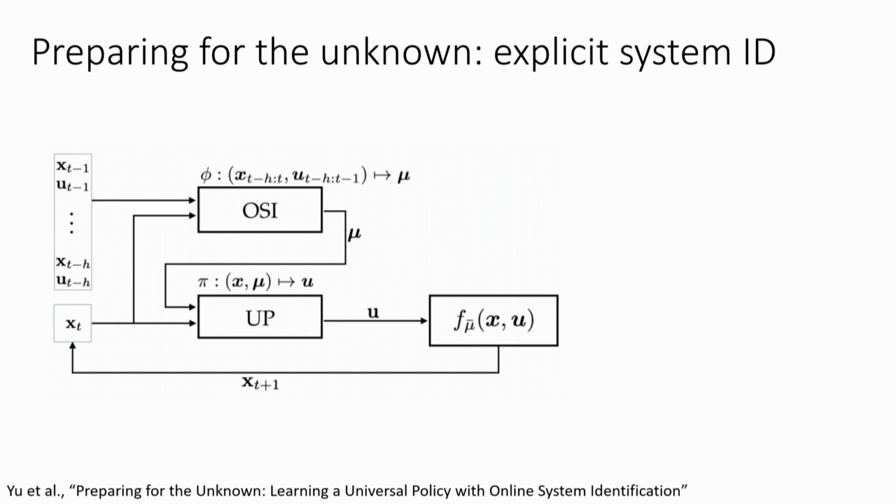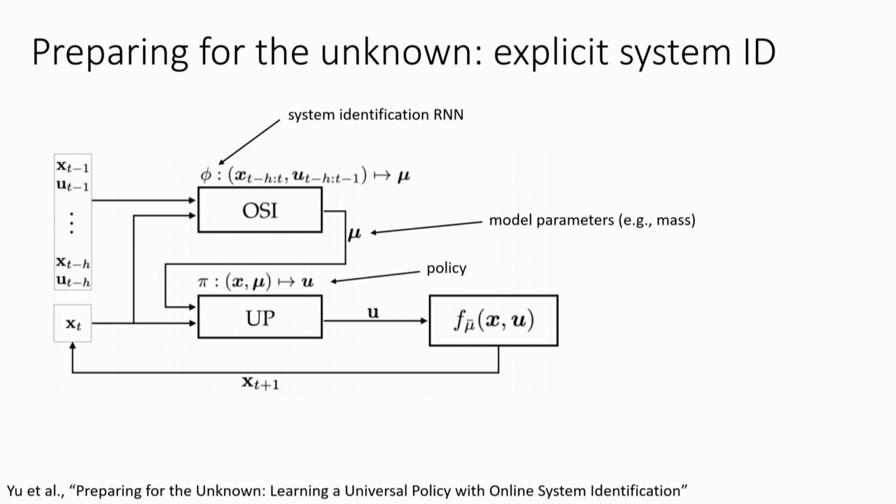Here, what we're going to do is actually have a little system identification recurrent neural network, which will read in a sequence of states and actions that we've experienced before, and try to predict the physics parameters, and then feed those physics parameters into the policy. So if the policy knows what the physics parameters are, then it can, of course, do a lot better. In practice, in the target domain, you do not know what they are.